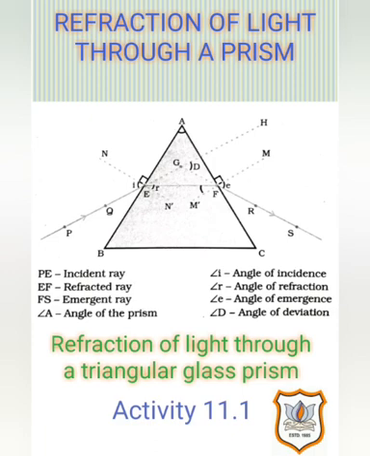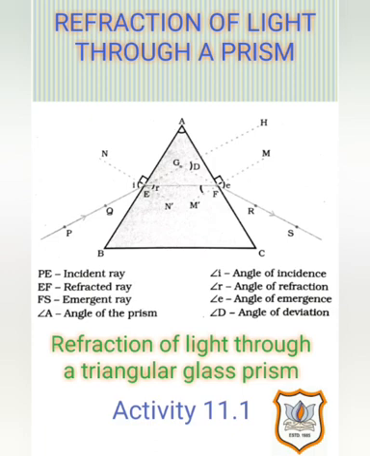At the first refracting surface AB, the angle of refraction R is smaller than the angle of incidence I. But at the second refracting surface AC, the angle of emergence E is larger than the angle of incidence, angle EFM or F. Bending of rays PE, EF and FS is of the same kind as that occurring in a glass slab.